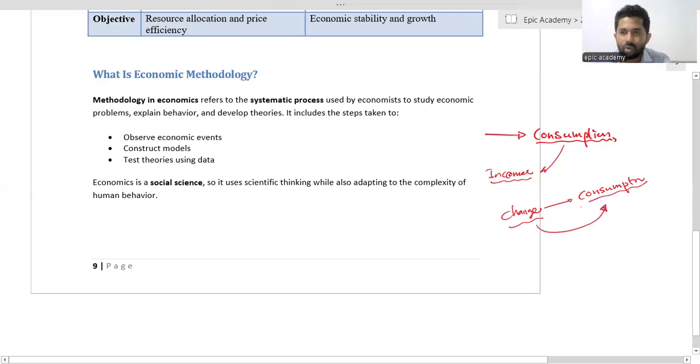So we need to identify the exact relationship between income and consumption. How can we identify that? Just use the methodology of economics. Observe the data related to the selected sample. As an example, different options of income and expenditure or consumption expenditure.